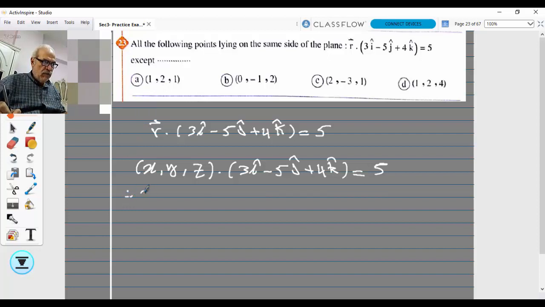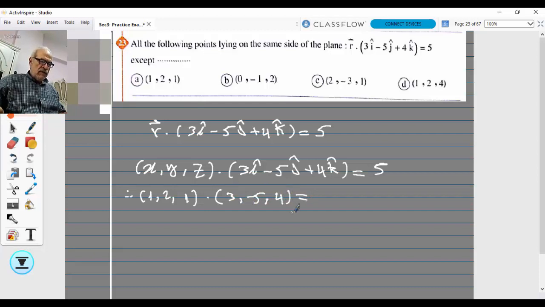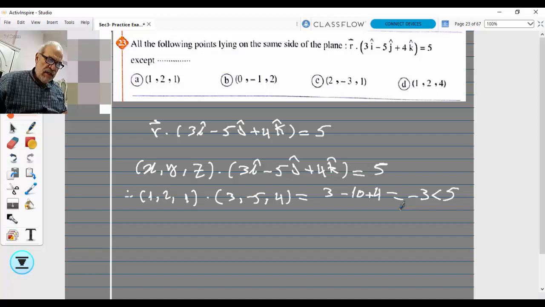So we have (1, 2, 1) dot (3, negative 5, 4), and the result will be 1 multiply 3 equals 3, minus 10 plus 4. 3 plus 4 equals 7, minus 10 equals negative 3. Negative 3 is less than 5.